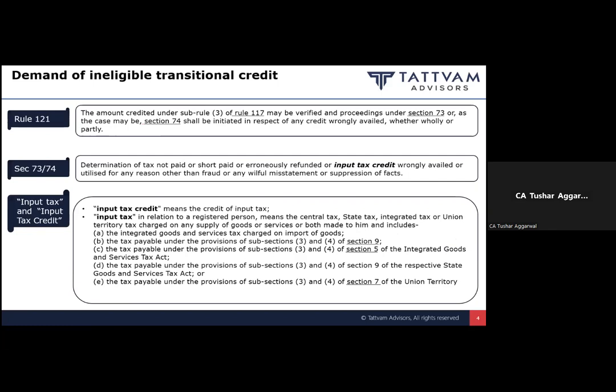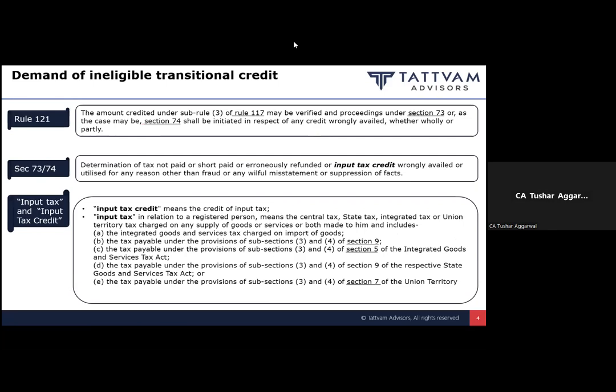Section 73 and 74 are the relevant sections for discussion. They deal with issuance of show cause notice. In what cases can a show cause notice be issued under 73 or 74? First is where tax is not paid or short paid, then erroneous refund, or input tax credit wrongly availed or utilized.